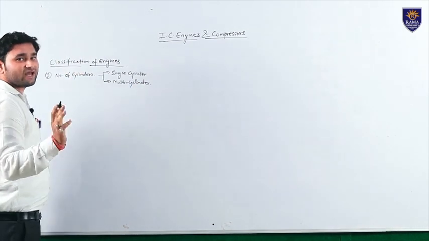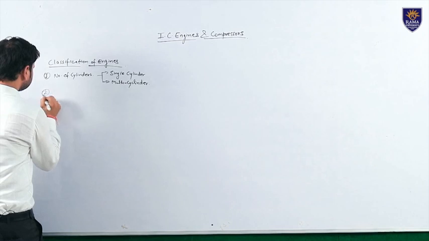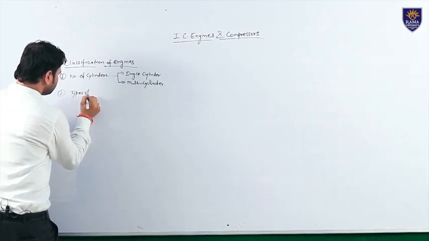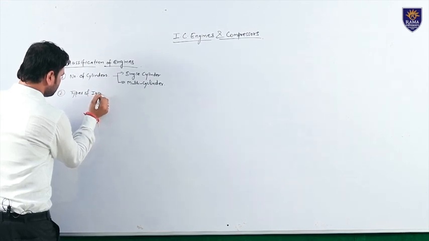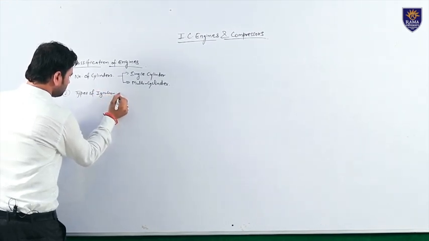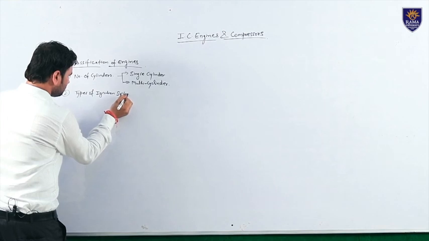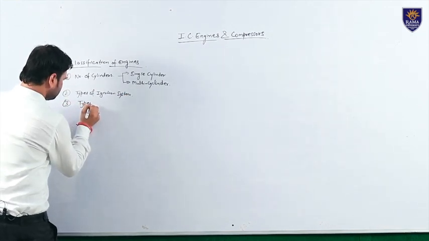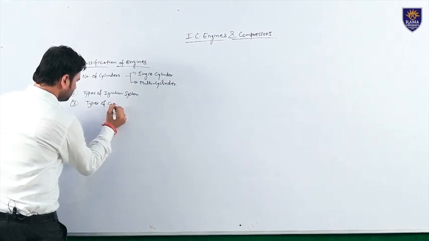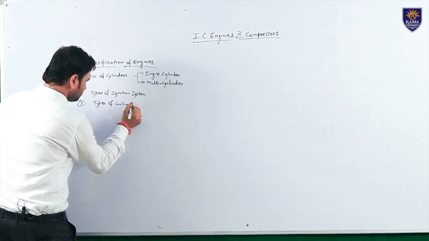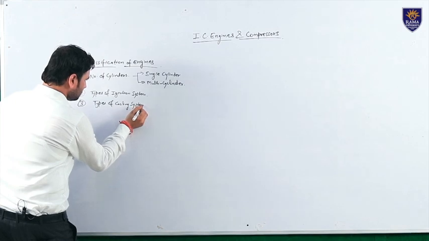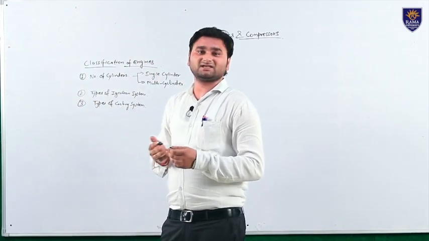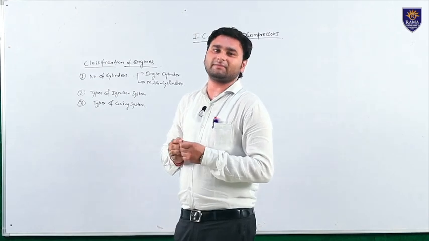The second basis of classification is the type of ignition system applied. Third, the type of cooling system. And further on, there are various bases on which the classification of an engine can be done.